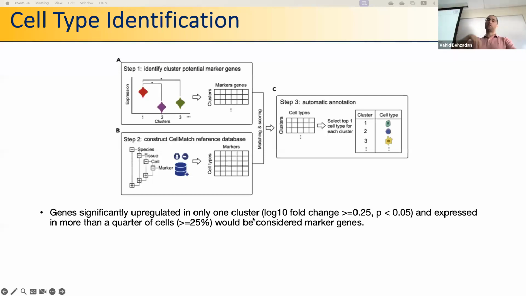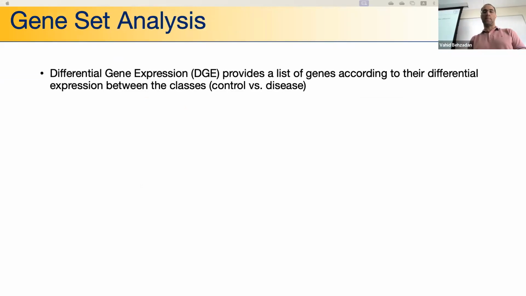So you focus on one cluster, you see genes that are significantly upregulated with fold change greater than 0.25 and p-value less than 0.05 and expressed in more than a quarter of the cells. Then you take these genes as marker genes, and if they are expressed in one cell, you give that cell its identity based on that identification.